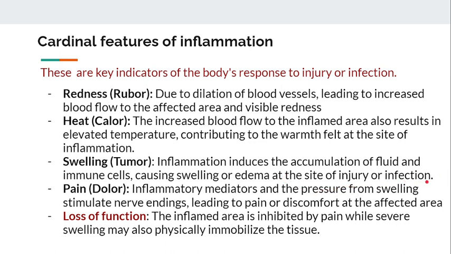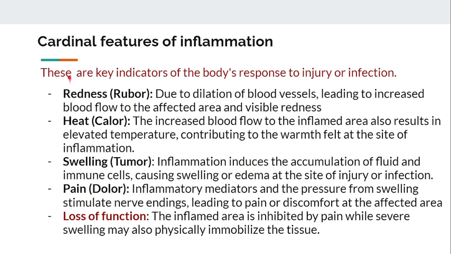So apart from redness, heat, swelling, you're going to experience pain. And pain, also known as dolor, it's just a response due to stimulation of nerve endings. So that stimulation of nerve endings is due to chemical mediators which have been released by either eosinophils, or by histamine or other chemical types of mediators.